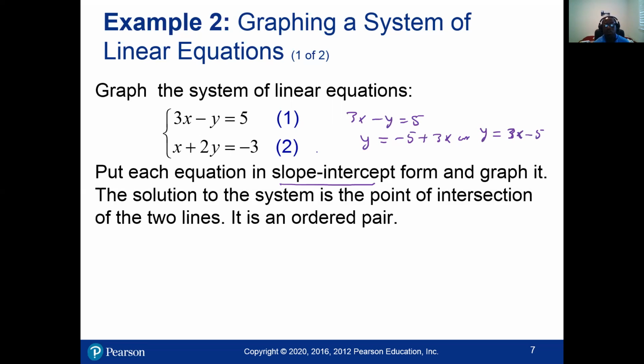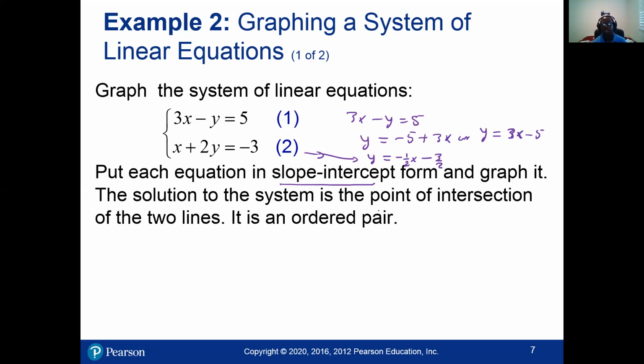Now for the second equation, if you solve for y, you get y is equal to minus 1/2 x minus 3/2.